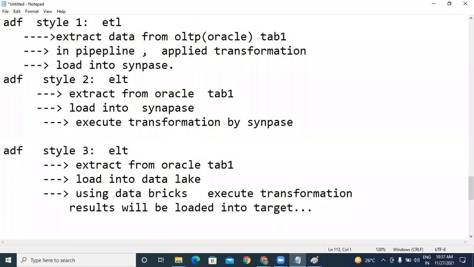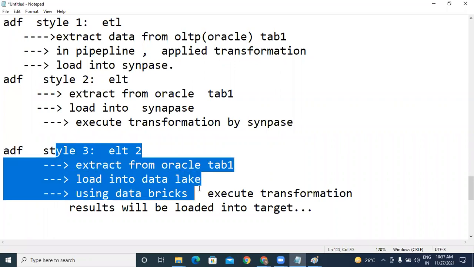If you look at style 3, what is that? ETL or ELT? ELT, let's say the ELT second model. Among all these 3 models, style 3 is super fast.